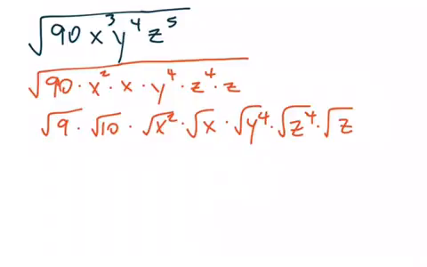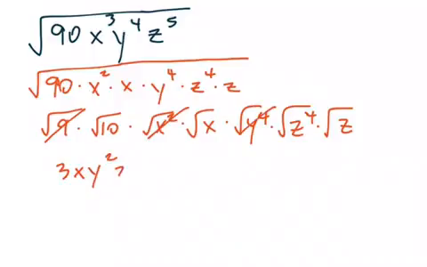So going through here, the square root of 9 is 3, so I've simplified that one. The square root of x squared is equal to x. Then the square root of y to the fourth is y squared.